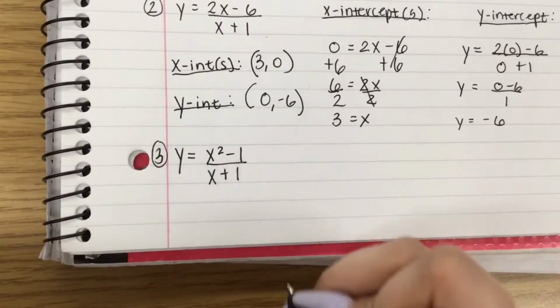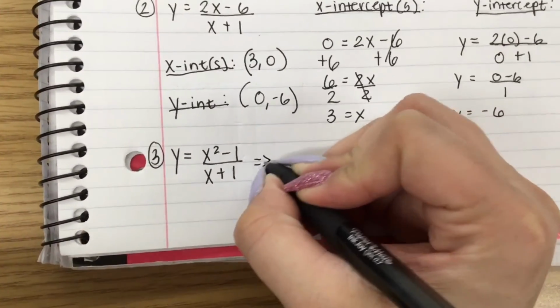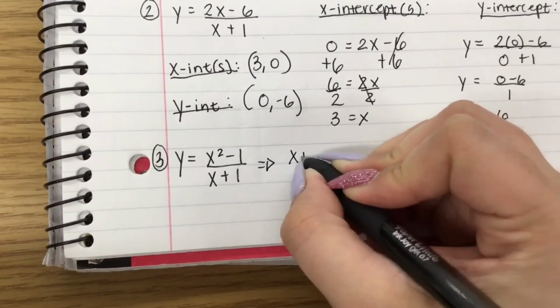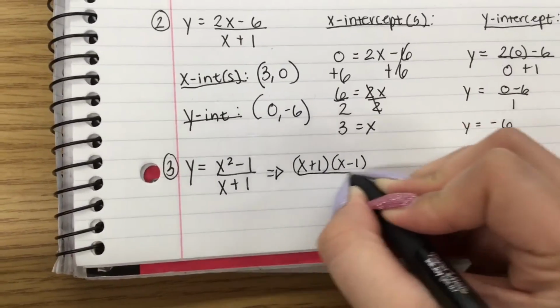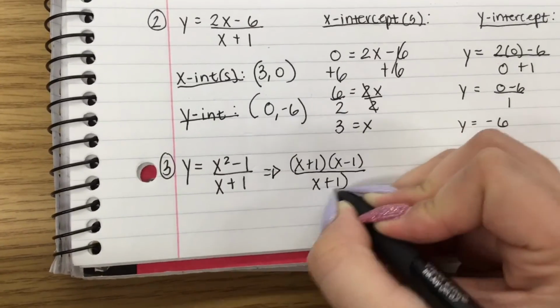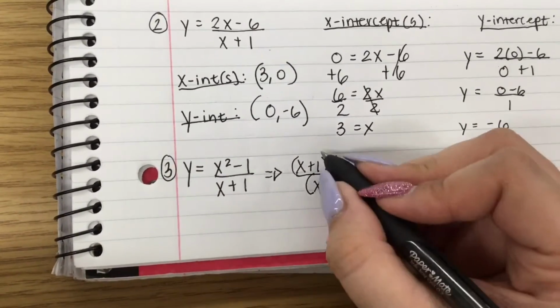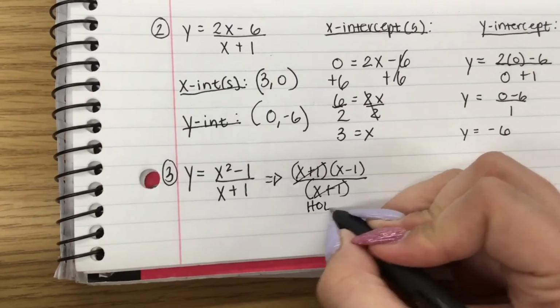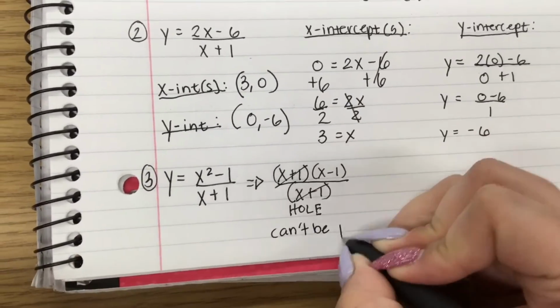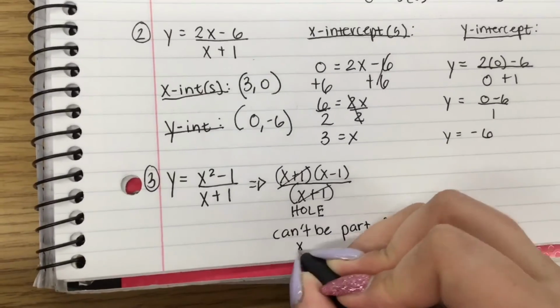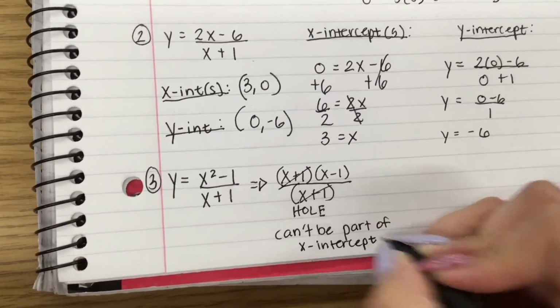Now for this last one, x squared minus 1 factors into x plus 1, x minus 1. So something cancels here. The x plus 1's cancel, which means that you have a hole in your graph. Because this gives you a hole in your graph, you can't also use that piece of the numerator to get you your x-intercept.